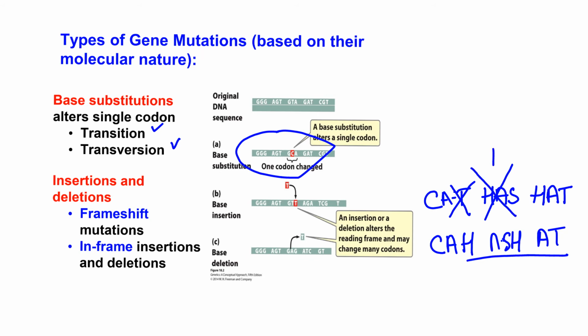So you can still restore it partially, cat, hat. The sentence is not fully understandable, but you can at least see that it refers to a cat and a hat. Such mutations are called in-frame insertion and deletion because they delete or insert 3 nucleotides, so the reading frame after this insertion or deletion is restored.